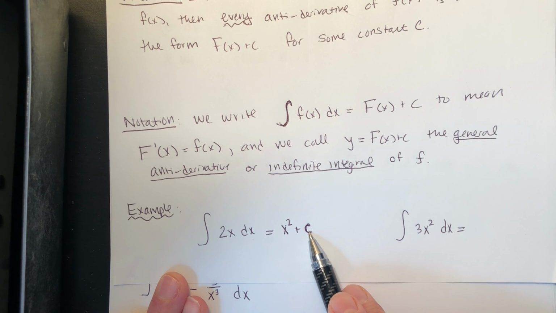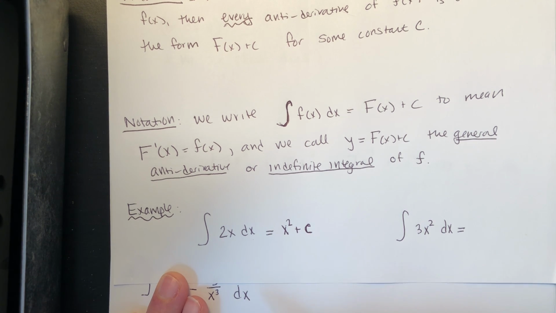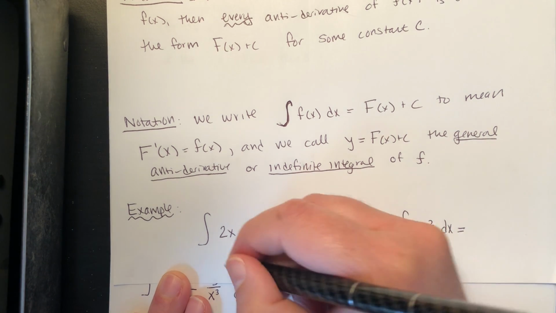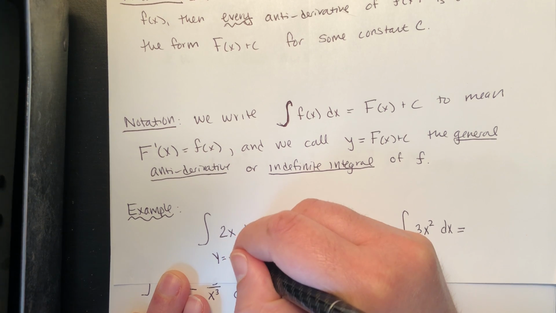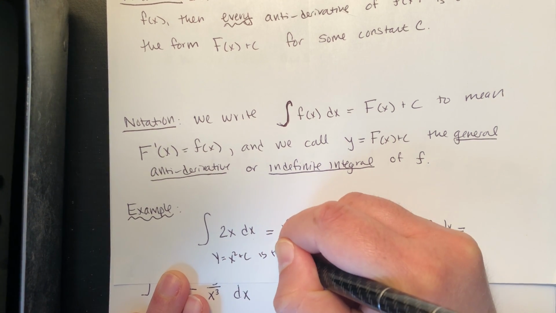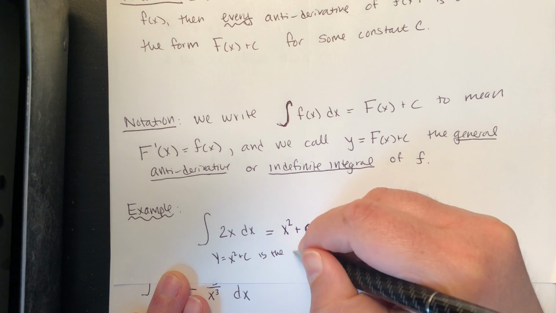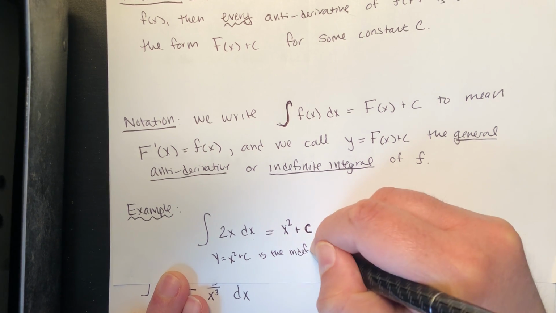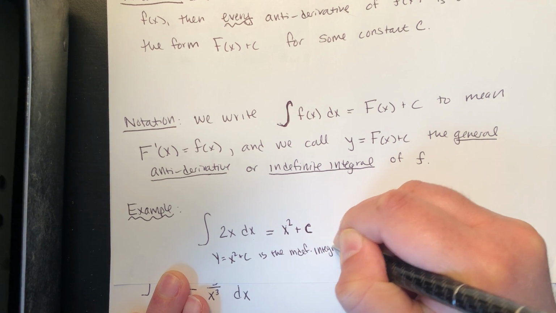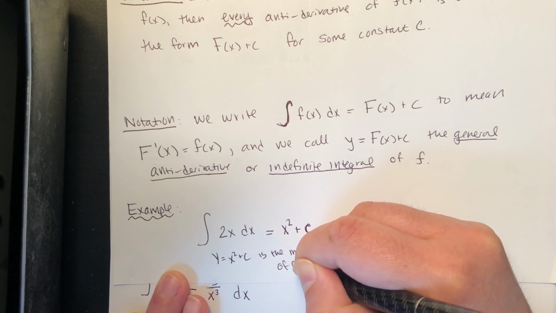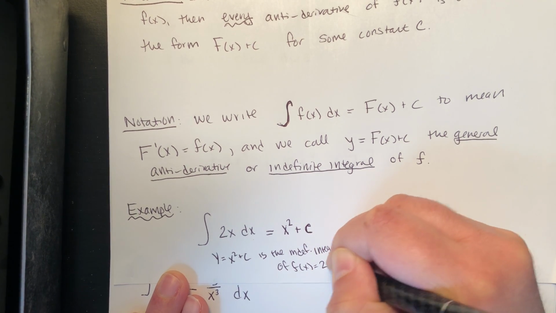This is just a constant. And the derivative of this is still going to be 2x. So we would say that y equals x squared plus c is the general antiderivative or the indefinite integral of the function f of x equals 2x.